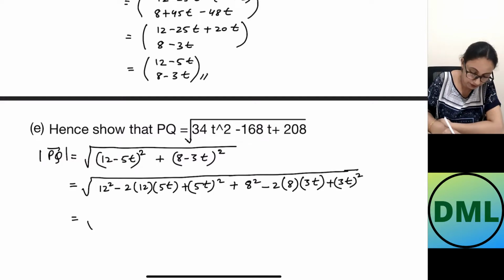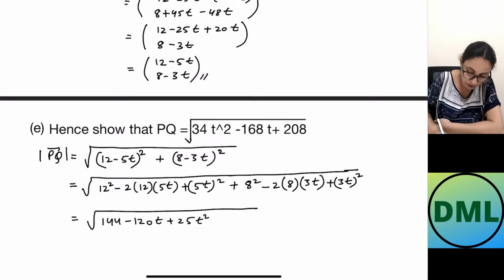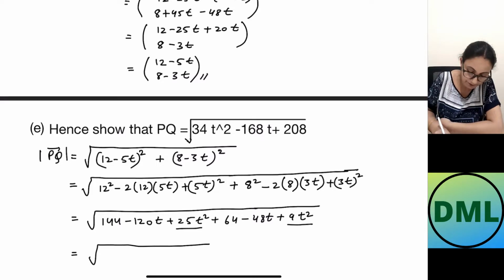So that will be written as 144 - 120t + 25t² + 64 - 48t + 9t². Now if I add 25t² plus 9t², that will be 34t².